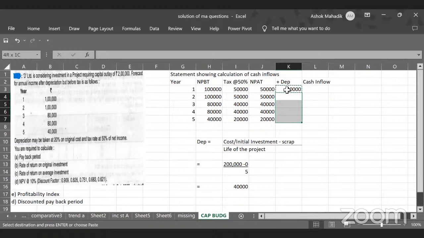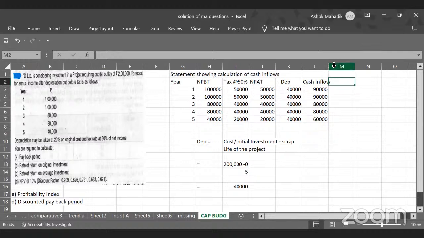Now to get cash inflow, we have to add net profit after tax and depreciation. We'll get cash inflow 50,000 plus 50,000. So your cash inflow is 90,000. So similarly, I will calculate for all other years. I hope this is clear.